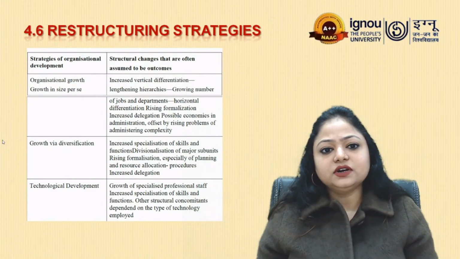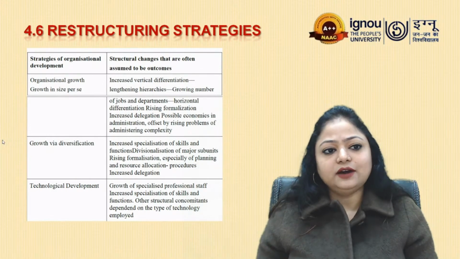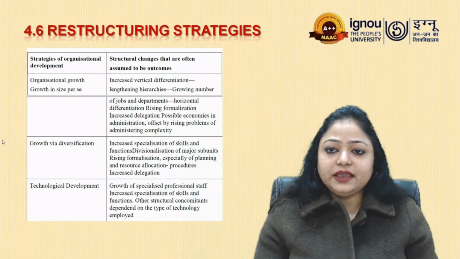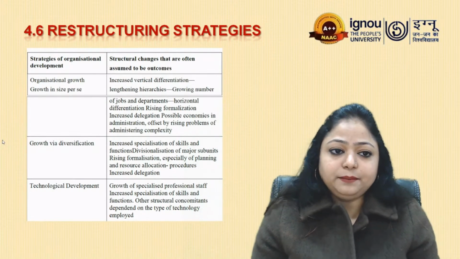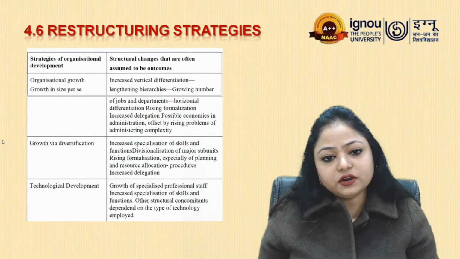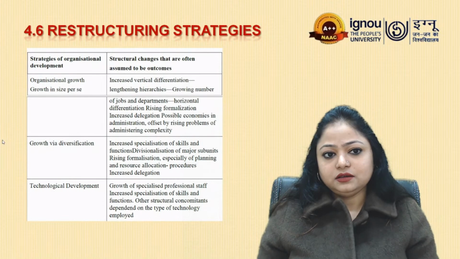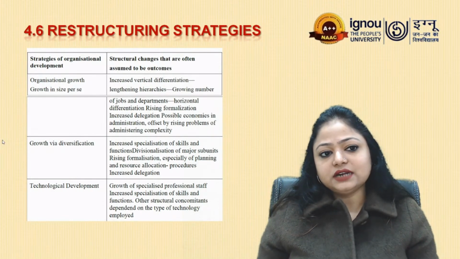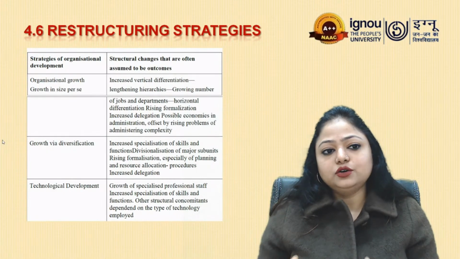So increased vertical diversification is the outcome of this strategy. So if the strategy is based upon organizational development, it would lead to a change in the overall organizational design, overall process.